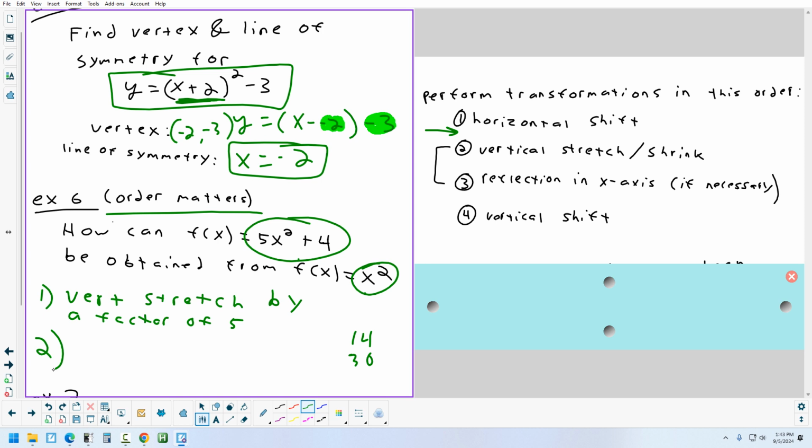So it's either 3 or 4. Yep. It's a vertical stretch. Yep. And plus 4 is going to move it which way? Up. Yep. Shift up. Perfect.